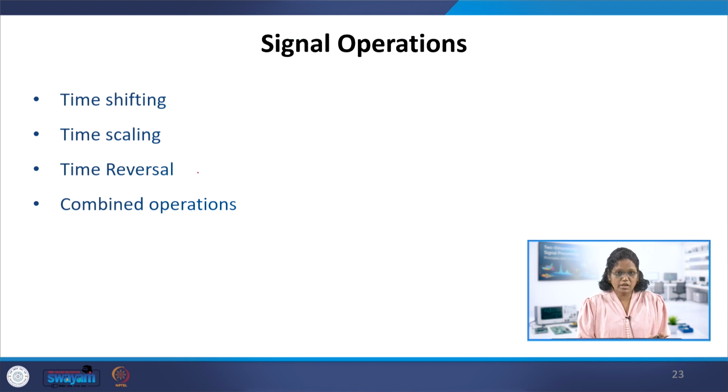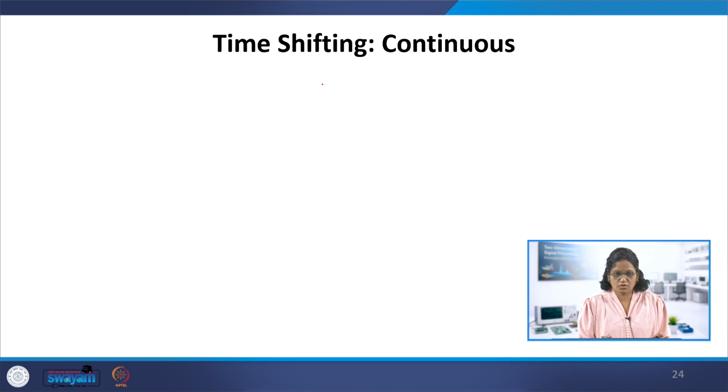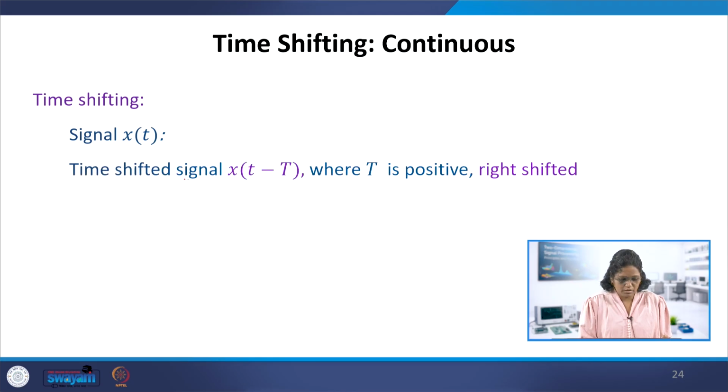So in what ways can we do it, and what is the resultant visualization of the signal? It can be checked here. For time shifting in continuous time signals, the signal is x of t. How do we get x of t minus T?